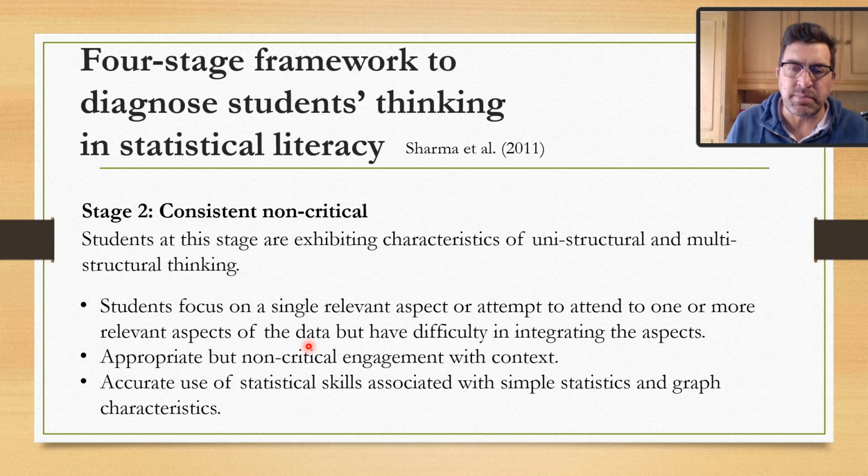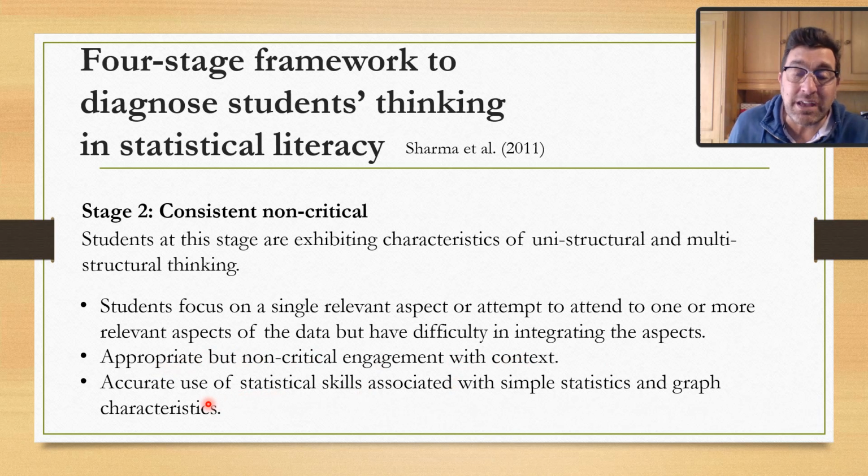connect those aspects. Appropriate but non-critical engagement with the context is what happens at this level. So they can engage with the context, but in a non-critical way. Mostly affirmative, yes, that's right, that's what the context says.